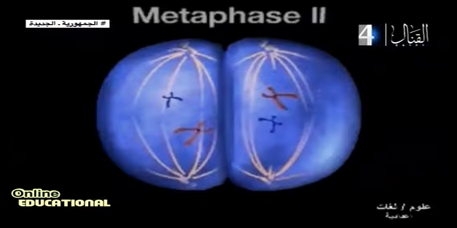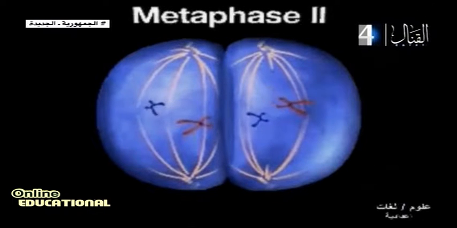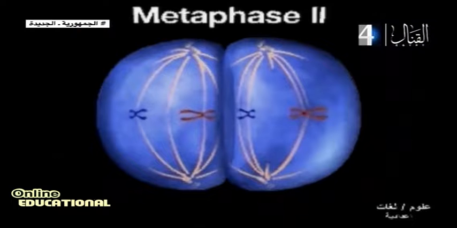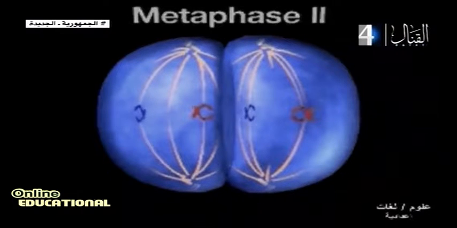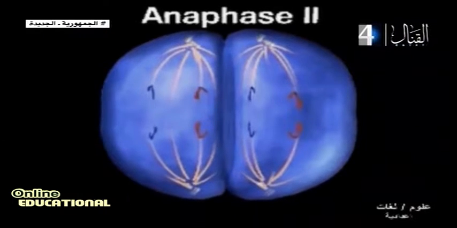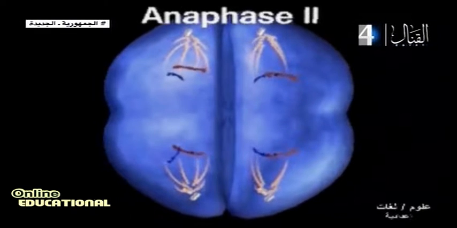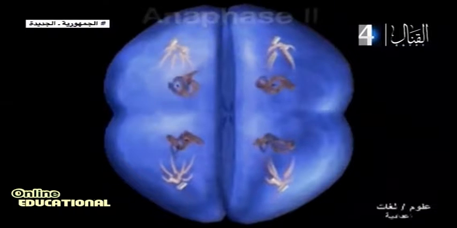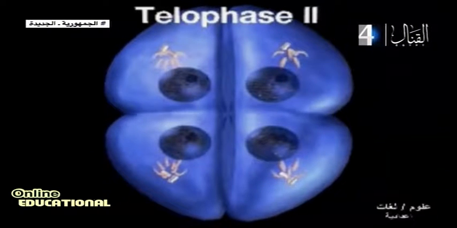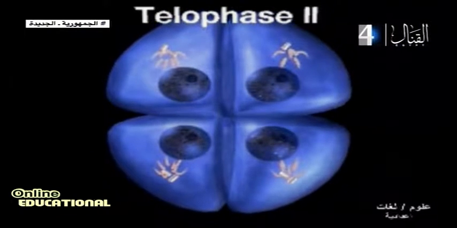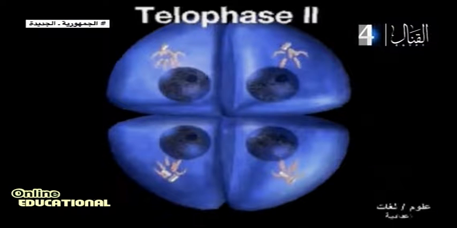Again, the nuclear membrane disappeared and the nucleolus disappeared, and chromosomes are formed and connected by spindle fibers of the centrosome. In metaphase 2, chromosomes are arranged at the cell equator, and in anaphase 2, spindle fibers shrink and two groups of chromatids move to the two poles of the cell. Finally, in telophase 2, four cells are formed. Each one contains half the number of chromosomes of the mother cell.